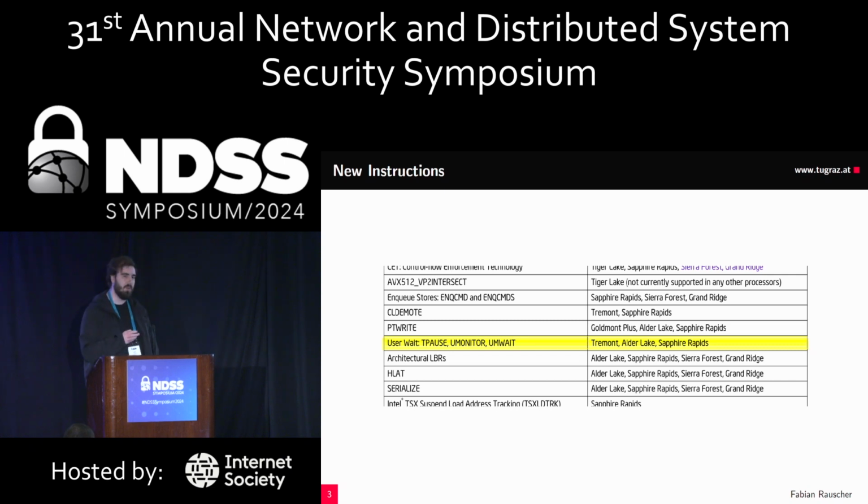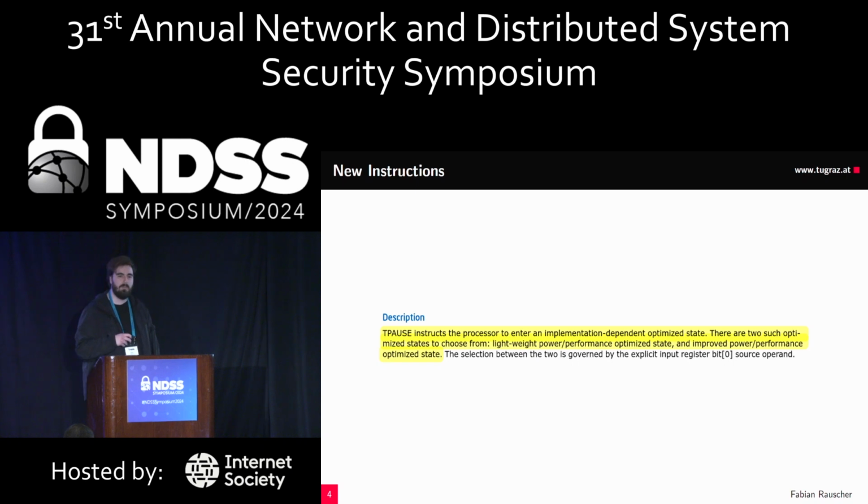Okay, what do these instructions do? One major thing those instructions do is right here. They put the processor into an optimization-dependent sleep state. You have two different types of sleep states there: on one hand a lightweight power and performance optimized state, and also a more improved optimized sleep state.